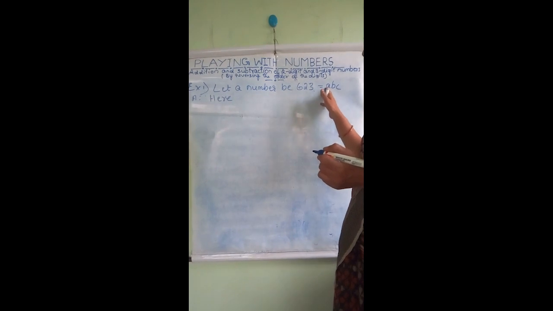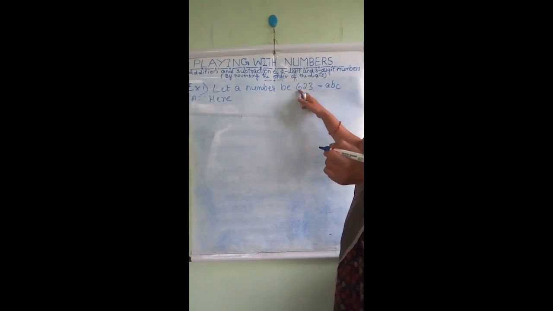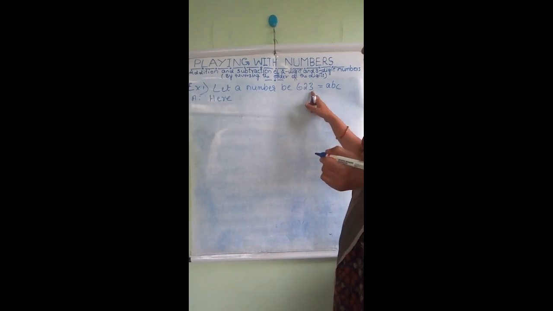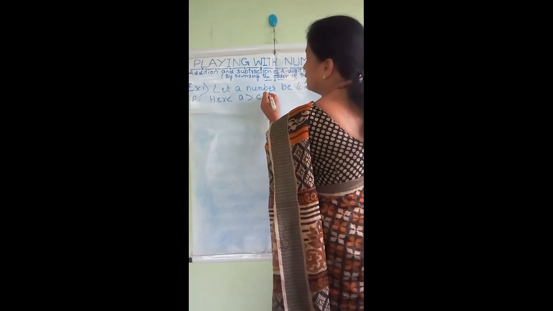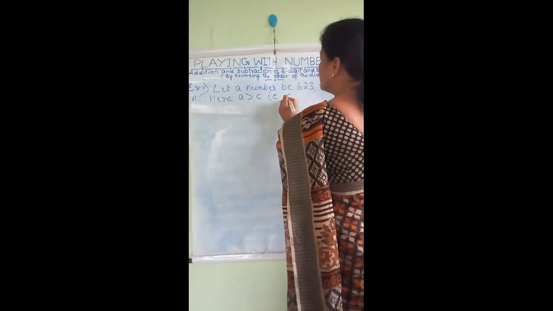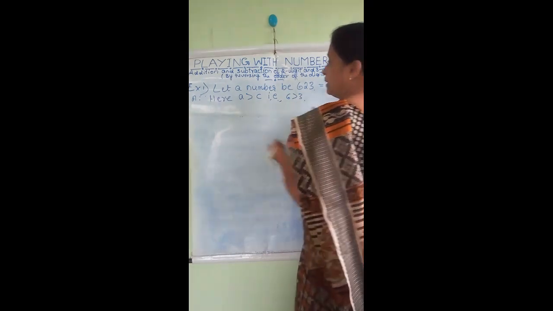So here A is greater than C. A is 6, C is 3. So here A is greater than C, that is, 6 is greater than 3.